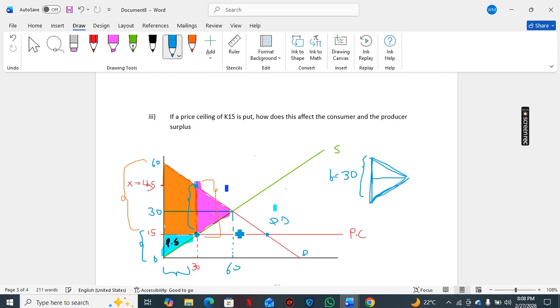For the height, from this 30 to 60, 60 minus 30 is 30 units. So height, 30 units.